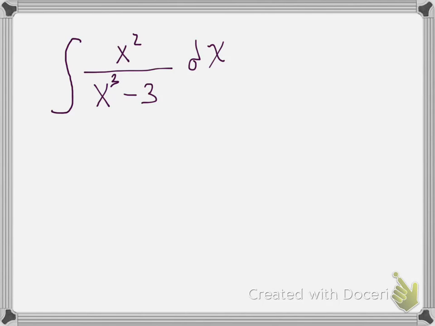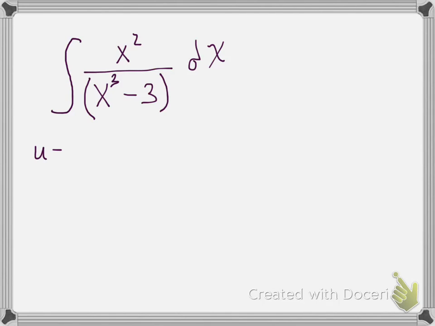When doing integration, if you've got something like x squared over x cubed minus 3 dx, when I look at this, I see that the power of the denominator is 1 greater than the degree of the numerator.